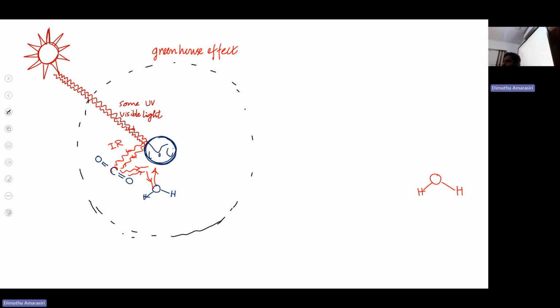So guess? Methane. Methane is the second or third most important greenhouse gas. Methane, CH4. Another one?